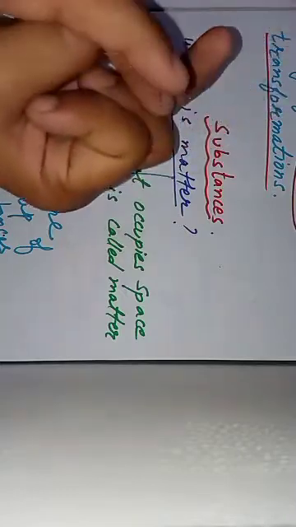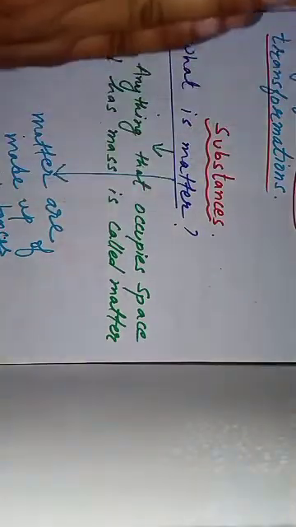And if you weigh that balloon in the electronic weighing machine, it will show you some reading, so it has mass. So that's matter also. There are basically three states of matter which we find on earth: solid, liquid and gas. Anything that occupies space and has mass is called matter.